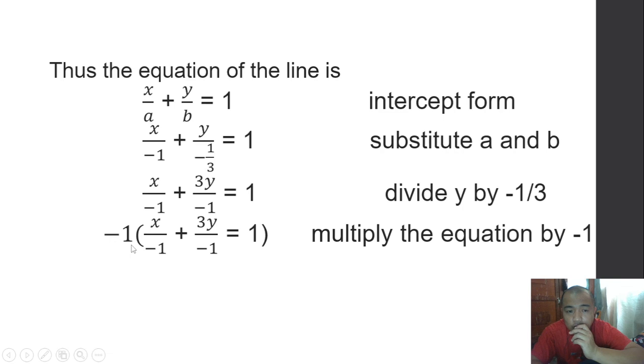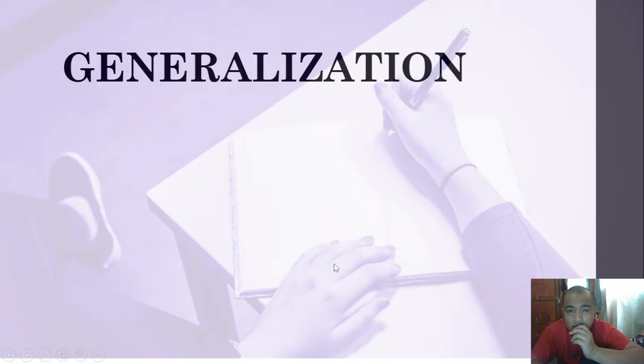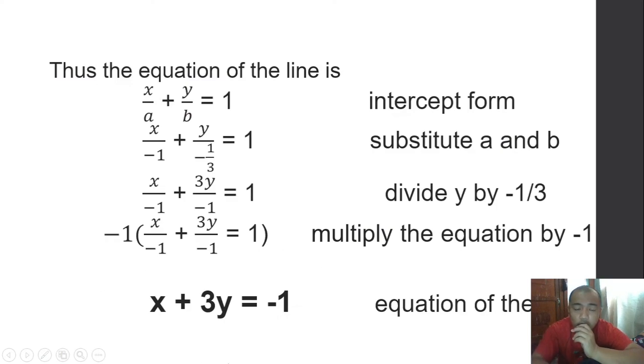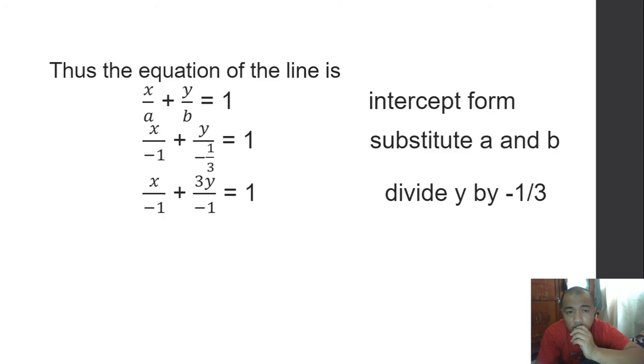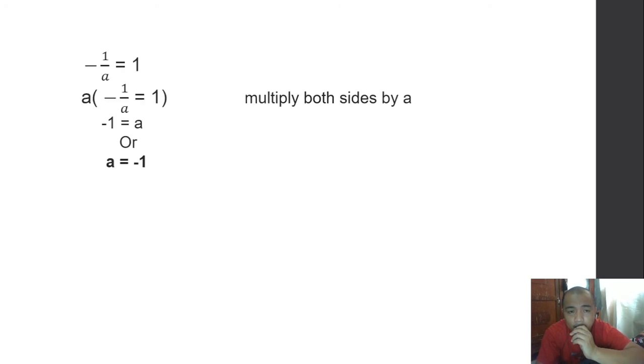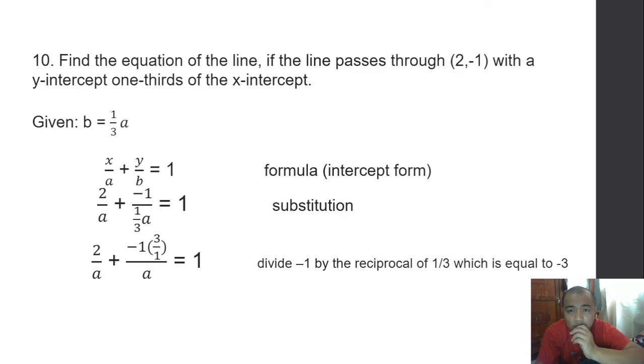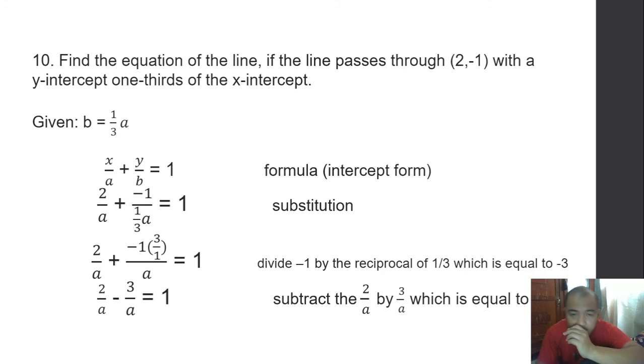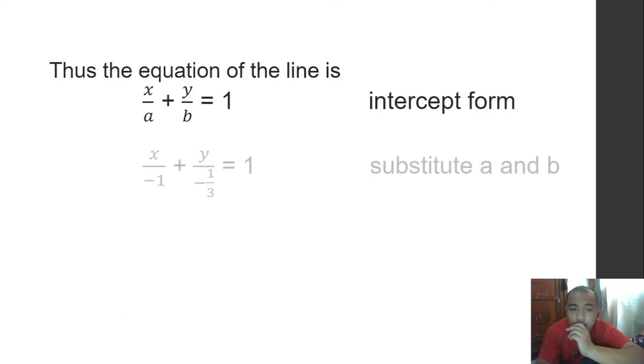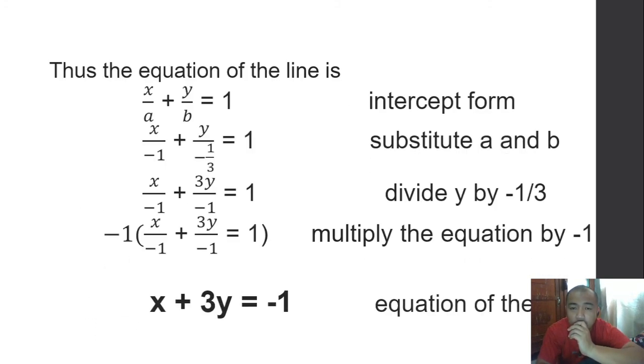Then multiply the equation by negative 1, it becomes x plus 3y equals negative 1. It's the equation of the line that passes through (2, negative 1) with y-intercept 1/3 of the x-intercept: x plus 3y equals negative 1.